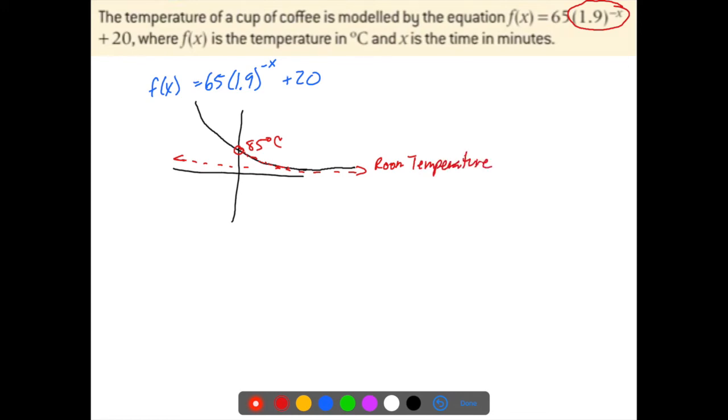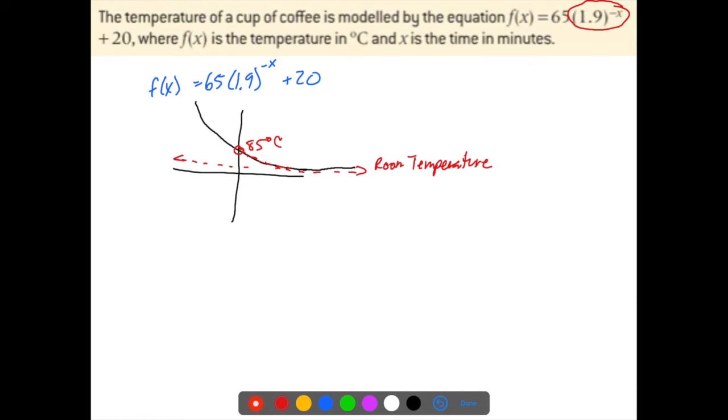Now thermodynamics says that it actually can't ever get to room temperature, that it'll get closer and closer, but it won't actually get perfectly to room temperature. There's an asymptote there. So the asymptote here is room temperature, and that's something that you'd have to think about and apply to the situation and say, what could represent the room temperature here? And it is that horizontal asymptote.